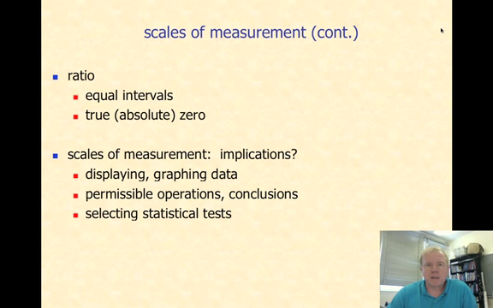And statistical software packages will allow you to do all sorts of things that are really invalid uses of data. So you as the user of data, you as the statistics person, you have to be aware of what it is you're looking at and whether or not this is a nominal variable or an ordinal variable, it's some type of a scale variable, and then what kinds of operations, what kinds of statistics are permissible to use with those.